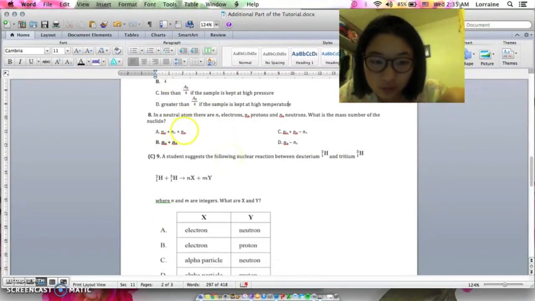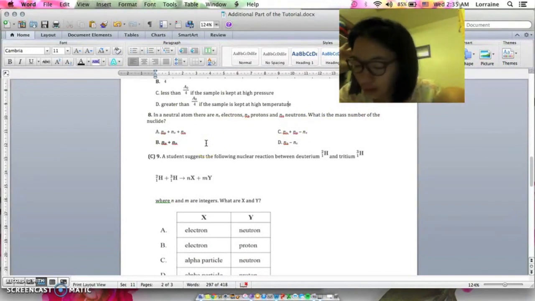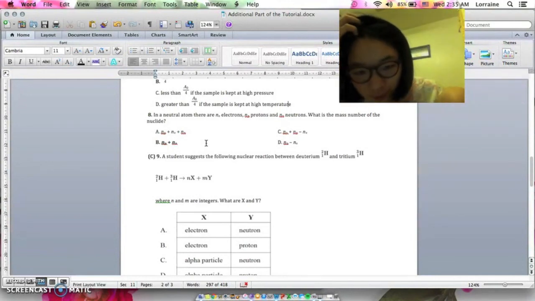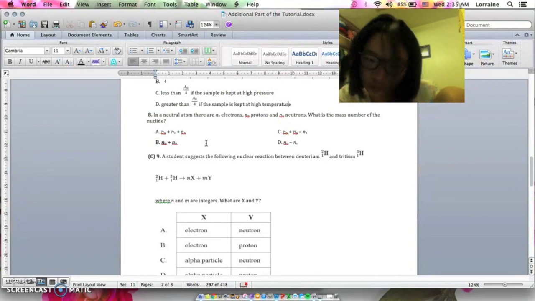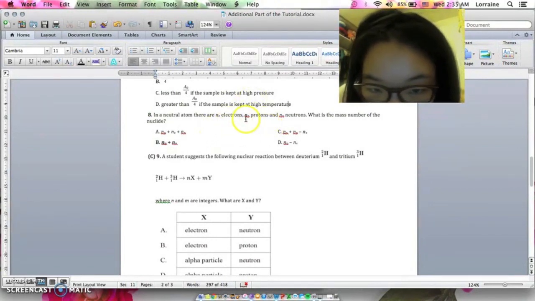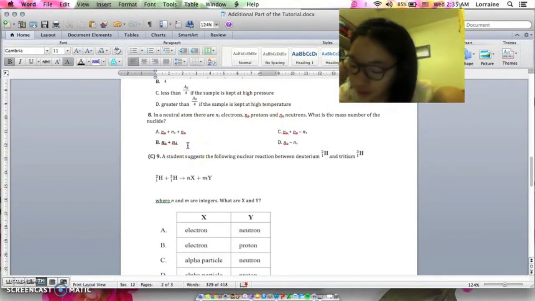Next, in a neutral atom, there are n sub e electrons, n sub p protons, and n sub n neutrons. What is the mass number of the nuclide? For this number, n sub p is represented as the atomic number, and n sub n is the neutron number.